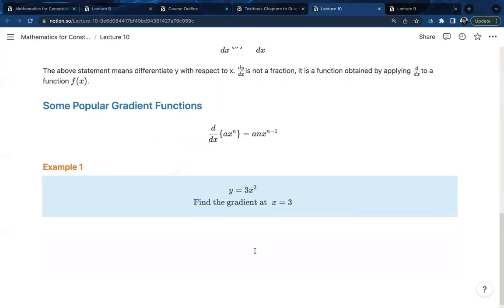They say find the gradient at x equals 2. Where's the gradient when x is 2? That's what I want to know.